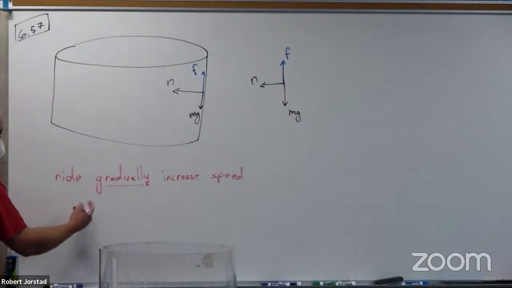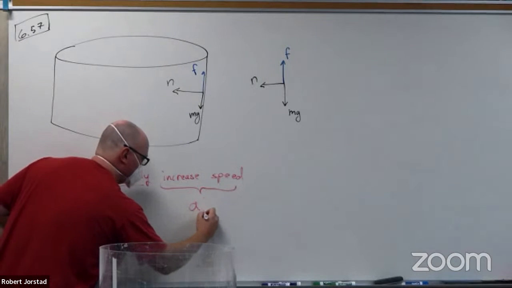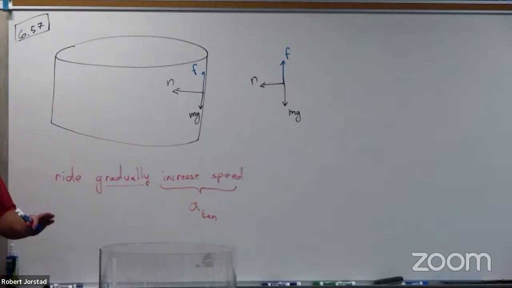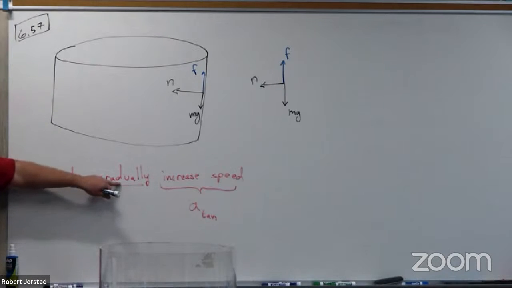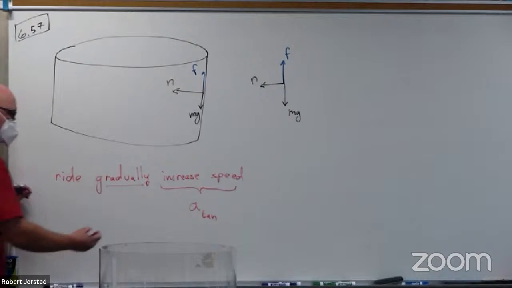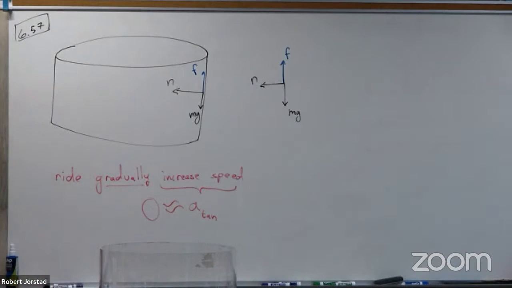Okay, this relates to a_t. Do you agree? Increasing speed has to do with the tangential component. Gradually. Is that a lot or a little bit? So why don't we say it's 0?